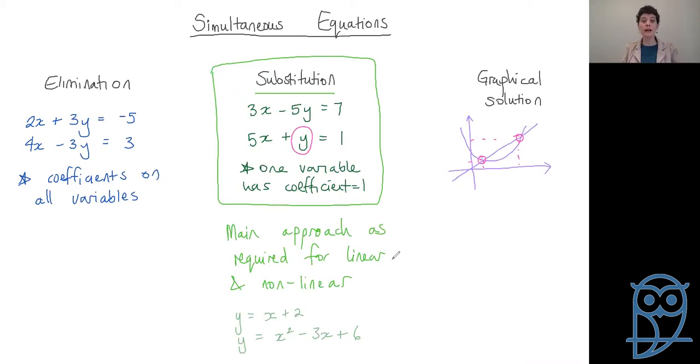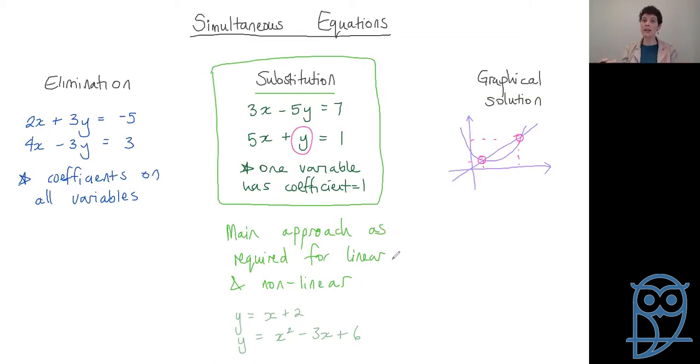So we're going to focus now on doing some examples for substitution so that you've got a really good idea of some of the things you're going to come across. We're not going to bother with elimination. It's not saying you can't use it. You can use elimination if you come across a situation where it fits and you are a fan of elimination, then go for it. But today we're going to focus on substitution because we're going to focus on linear and non-linear.